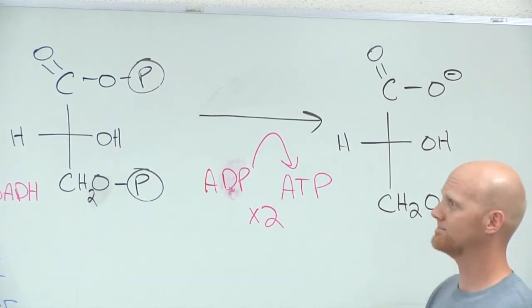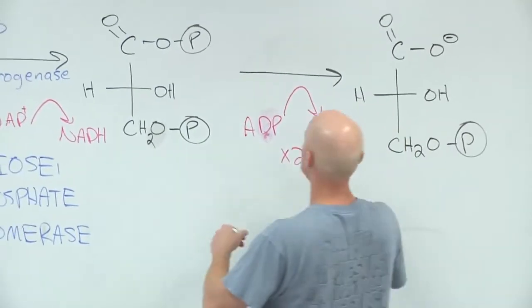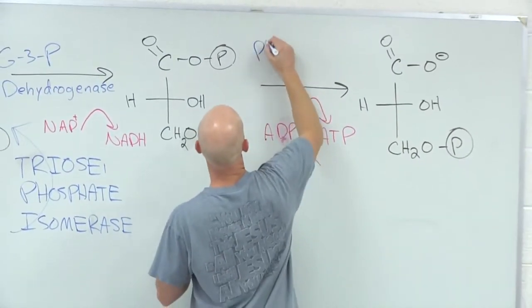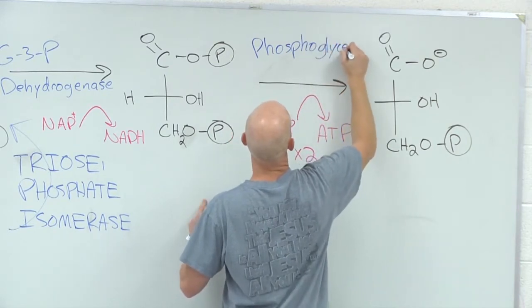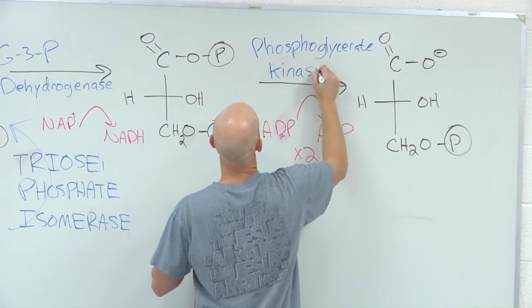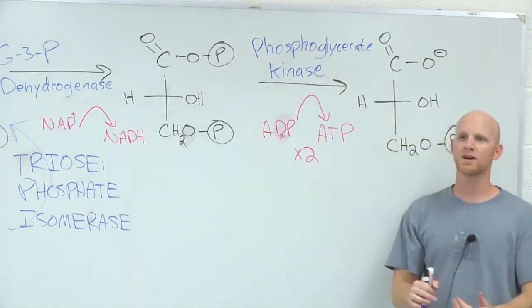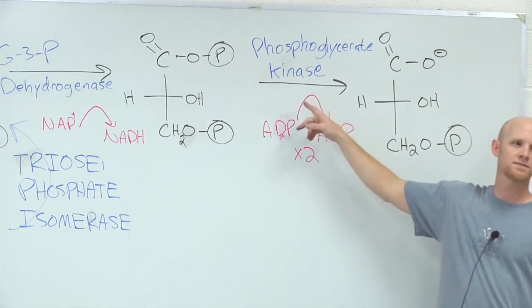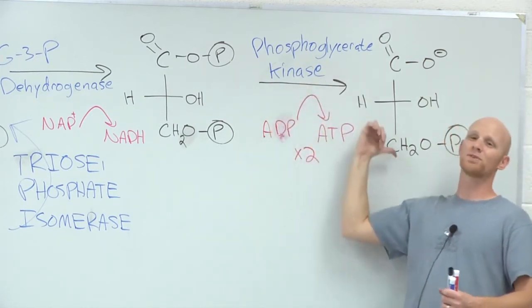What's our enzyme? Phosphoglycerate kinase. That's kind of confusing. Usually we see the word kinase and we think, oh, ATP gets used up, but not here. In this case, ATP actually gets produced.